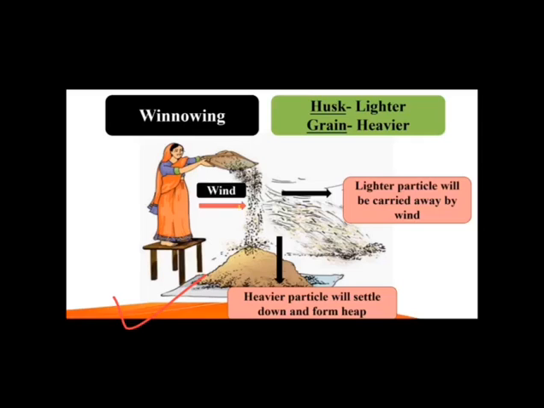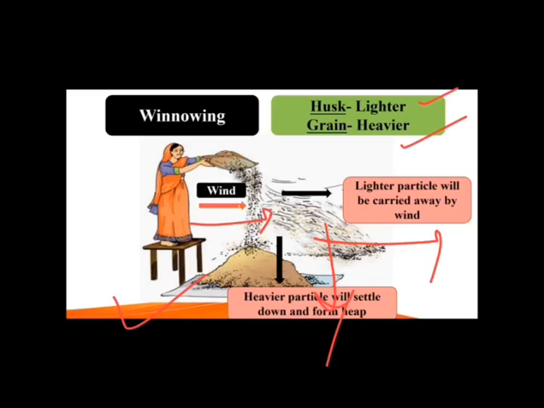If the wind is blowing in this direction, the lighter particles will be carried away by the wind, and the heavier particles will settle down and form a heap. So by this process we separate the lighter particle, that is husk, from the heavier particle, that is grains. This is a very easy process.